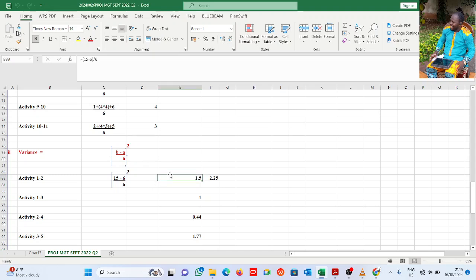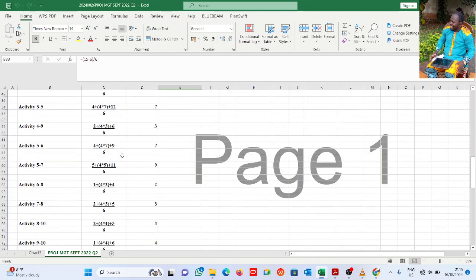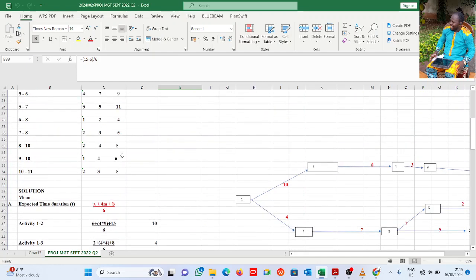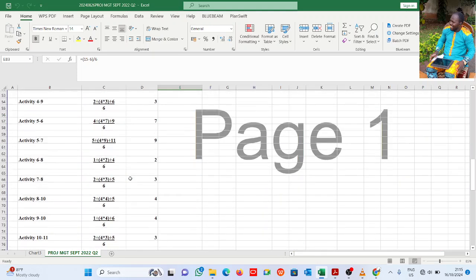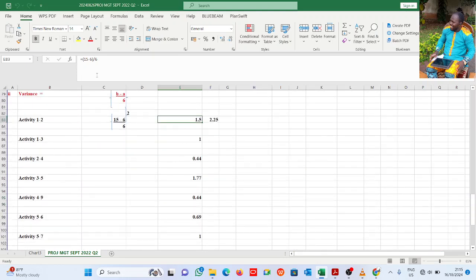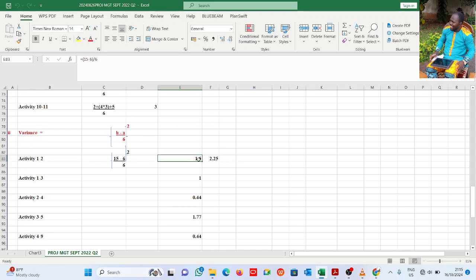Now let's see this example. Here in activity 1, the pessimistic time is 15, the optimistic time is 6. So 15 minus 6 divided by 6, then squared. It gives me 1.5. This is 1.5 times 1.5, which is squared, gives me 2.25.